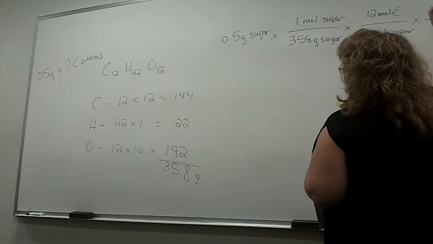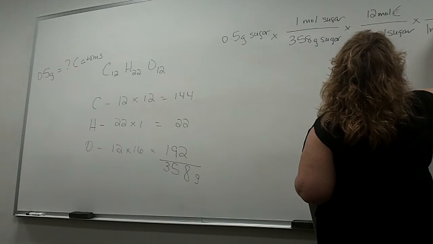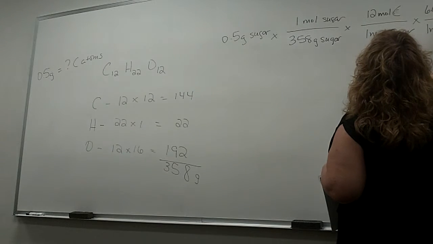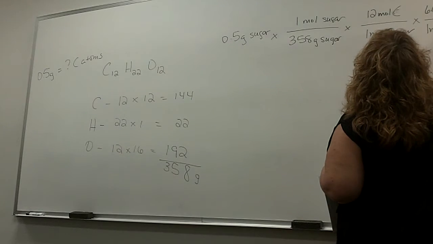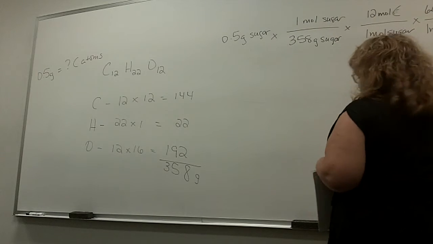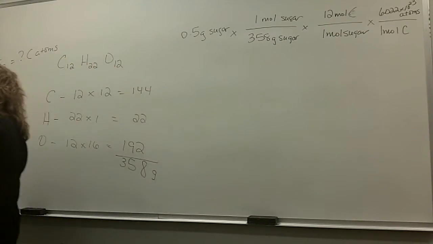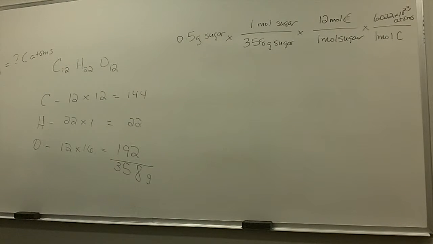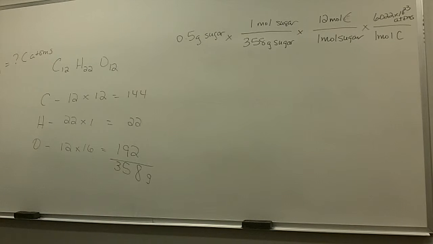And then going to atoms, 1 mole of carbon has 6.022 times 10 to the 23rd atoms. Simple enough? Okay.